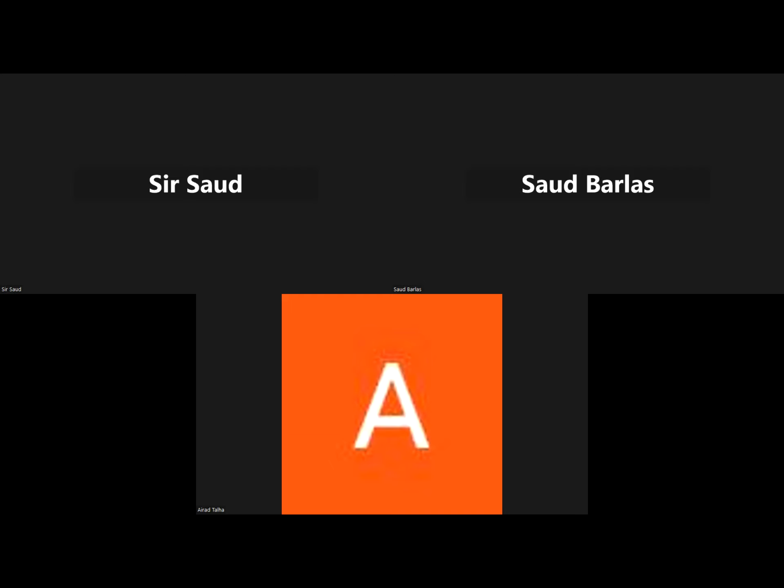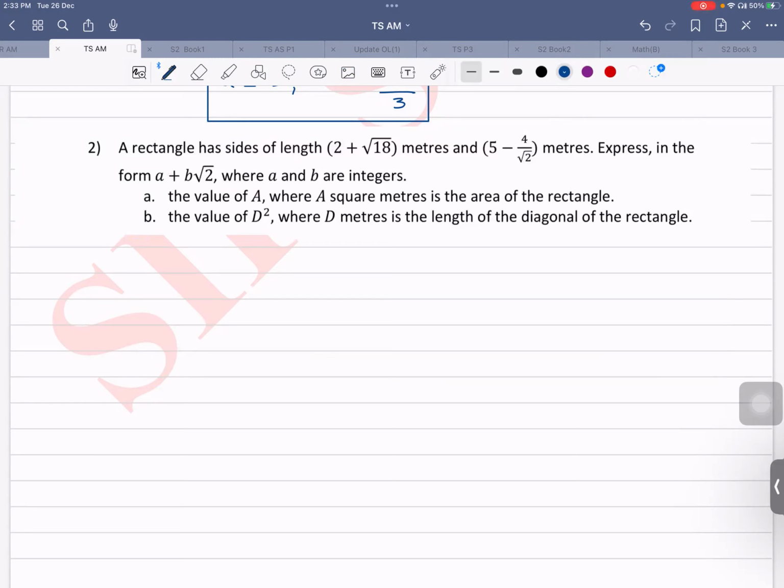It is better that you draw a rectangle and mark the lengths which are given. 2 plus square root 18 is one of the lengths, and 5 minus 4 upon square root 2.